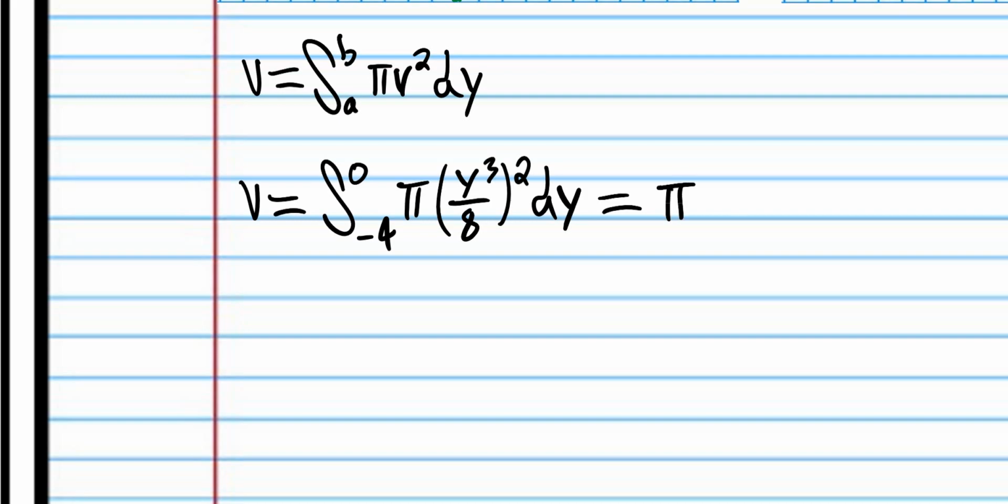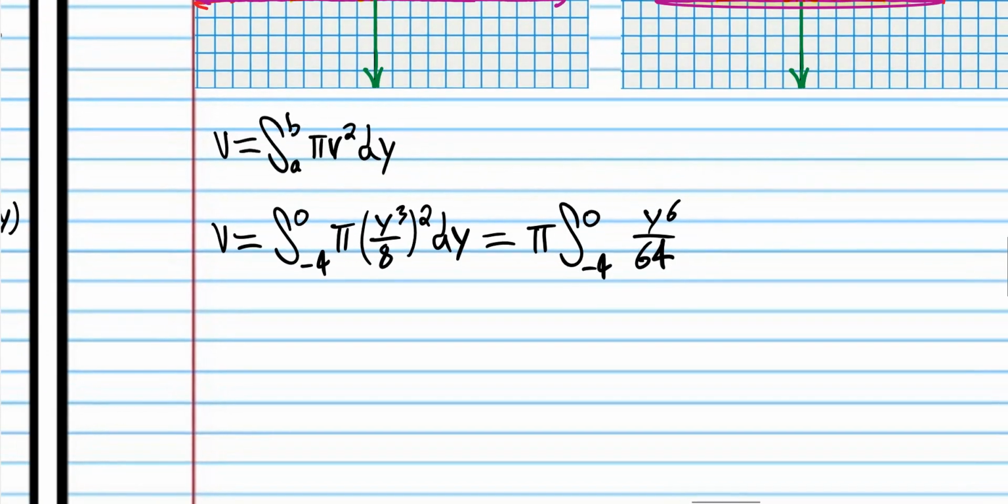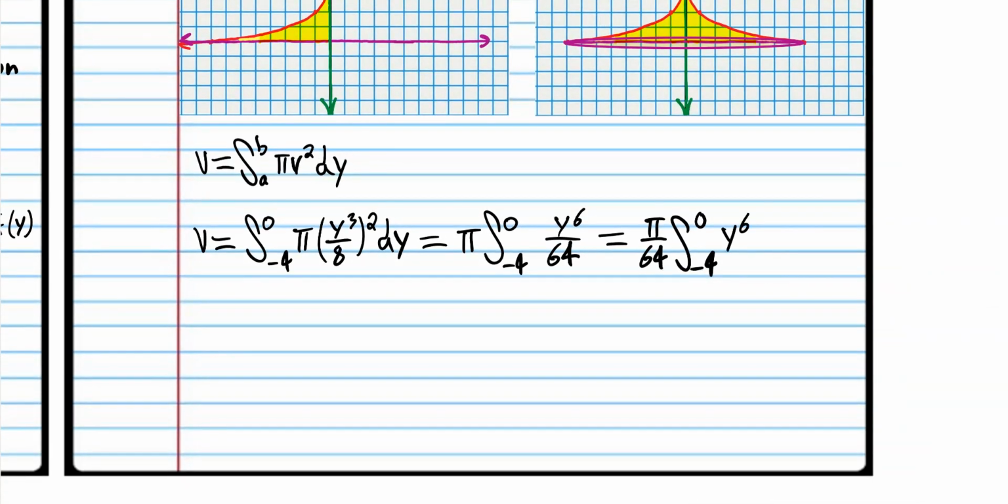So I'm going to take the pi out of the integral and raise y to the third over 8 to the second power, so then I get y to the sixth over 64. And I can take the 1 over 64 out of the integral. You don't have to take the constants out of the integral, as I've mentioned previously, but it just makes it to where there's less clutter in the integral.